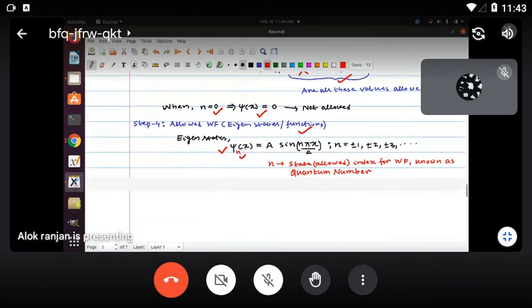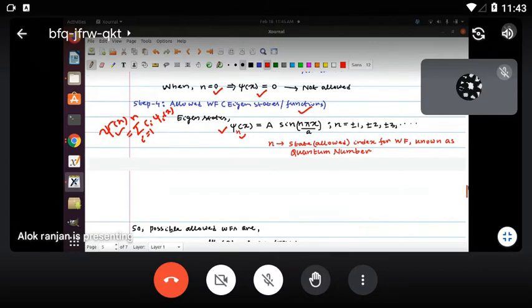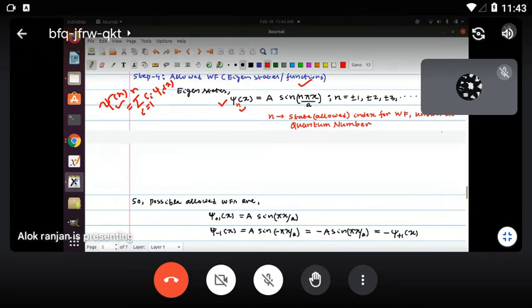Then we can construct a wave function by using these eigenfunctions, simply the linear combination, as I said, with sum over i equal to 1 to n, where we have the coefficient c_i and psi_i(x). This psi_i represents the eigenfunctions, eigenstates. So now we can construct the wave function from the eigenfunctions.